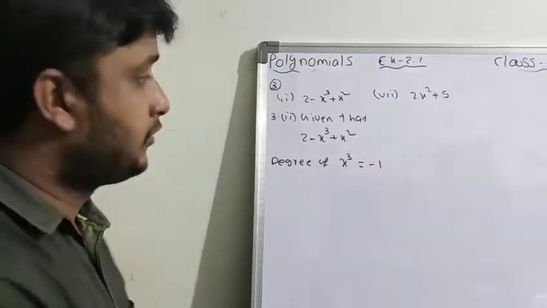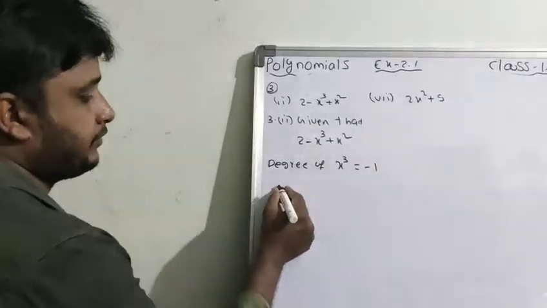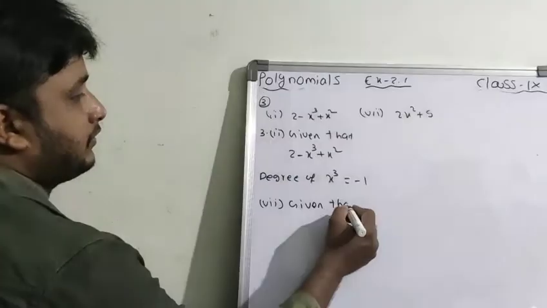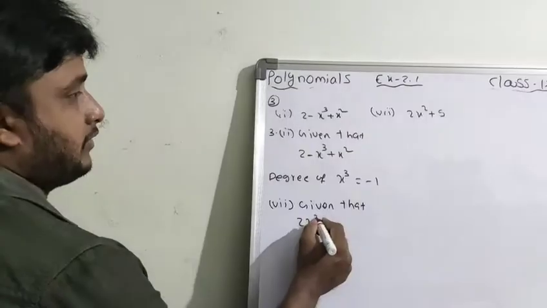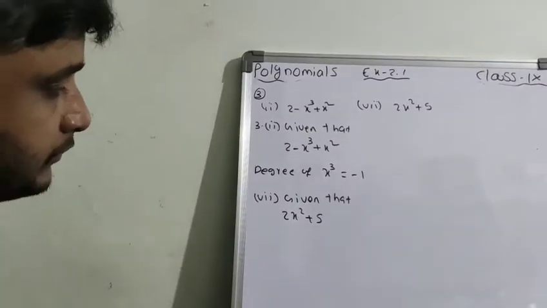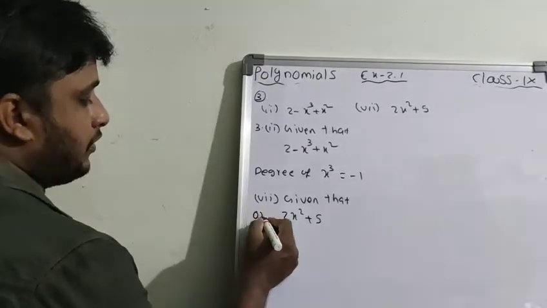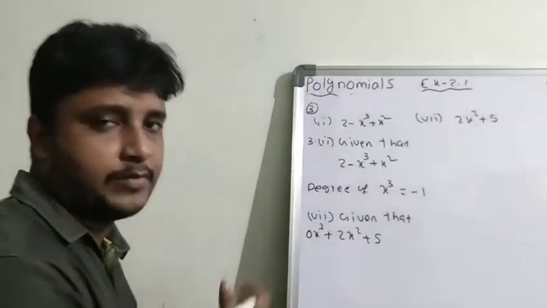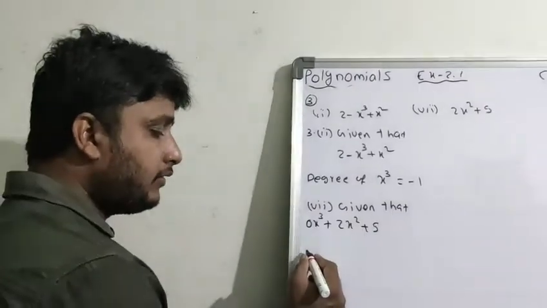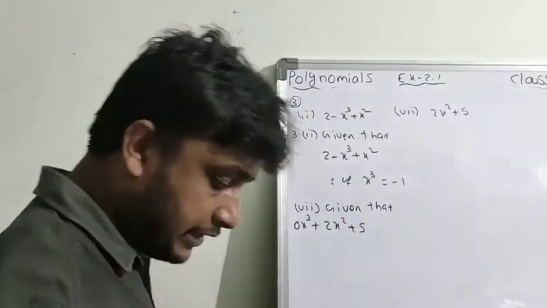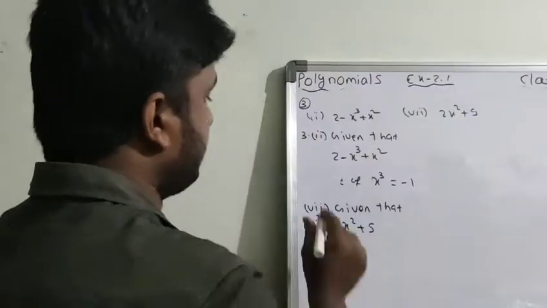So coming to the seventh bit, given that 2x square plus 5, but here there is no x cube, then how to write it? Simple, you have to write 0 x cube plus 2x square. Whenever a term is missing, you can write 0 x cube. Sorry, not degree, you have to write the coefficient of x cube.